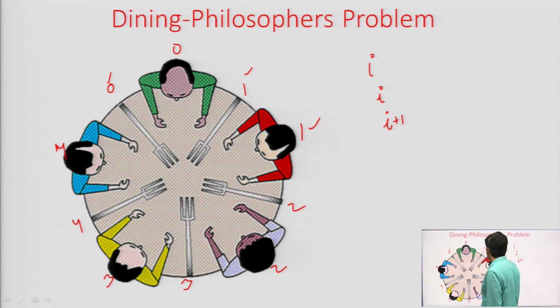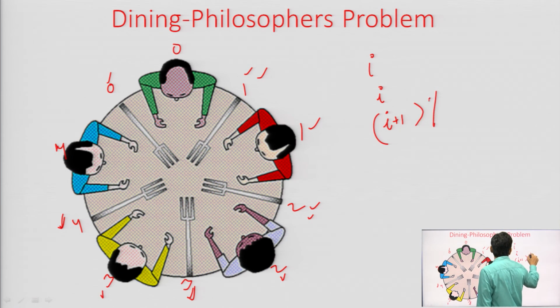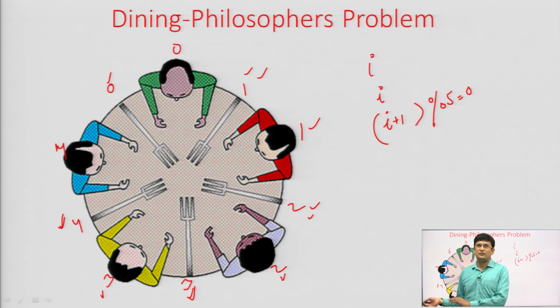If this is 1, left fork is 1 and right fork is 2. If it is 2, the left fork is 2 and right fork is 3. If this is 3, the left fork is 3 and right fork is 4. If this is philosopher number 4, the left fork is 4, and the right one is not 5, it is 0. So, we should apply a modulus with 5, which will give 0 for philosopher number 4 and the required values for the other philosophers.